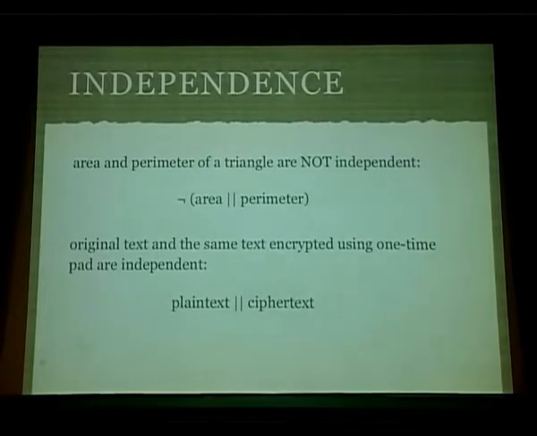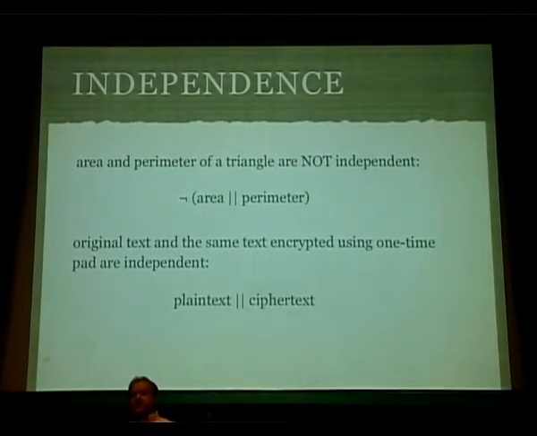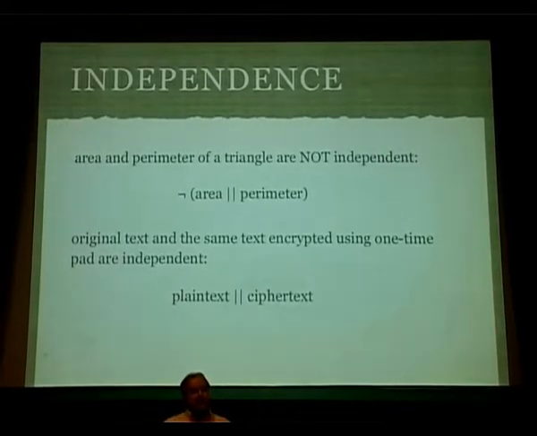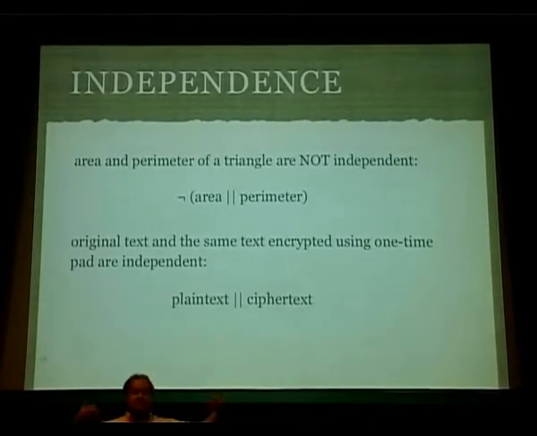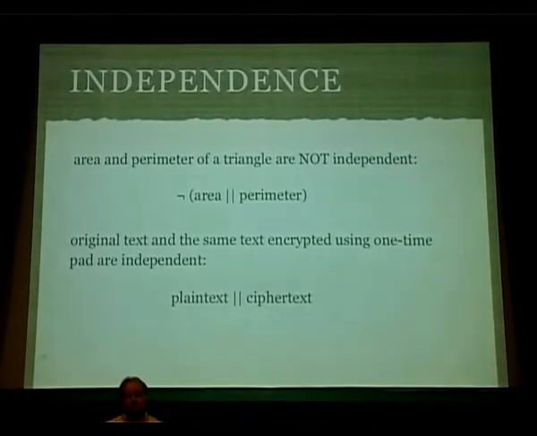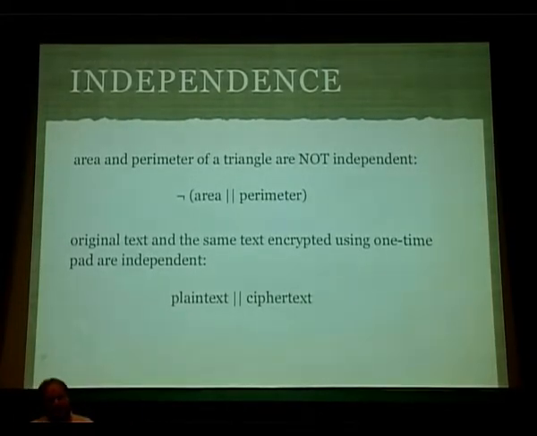Another example of independence is when you have a text and an encrypted ciphertext using a one-time encryption pad. Then there is absolutely no connection between the original text and the encrypted text, and therefore any pair of them can happen. There's a clear epistemic meaning of independence.